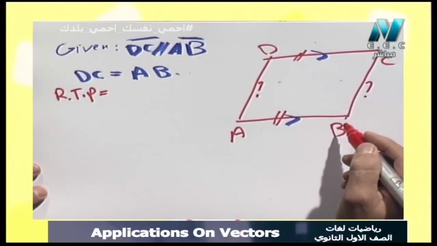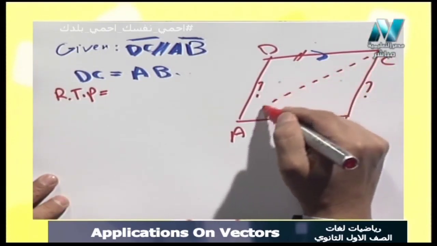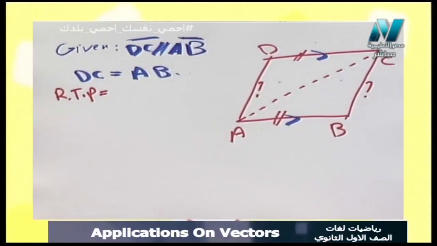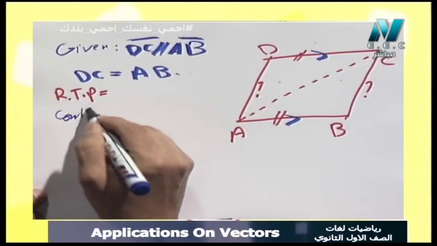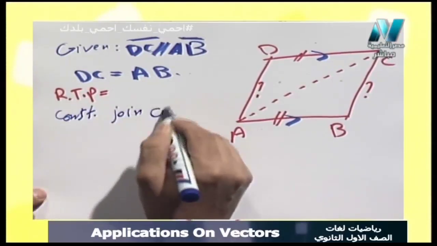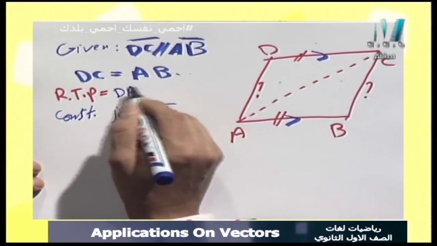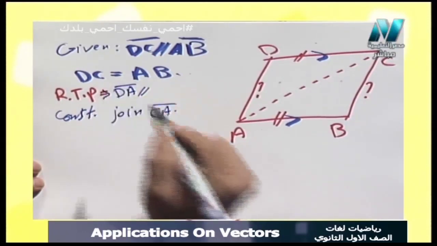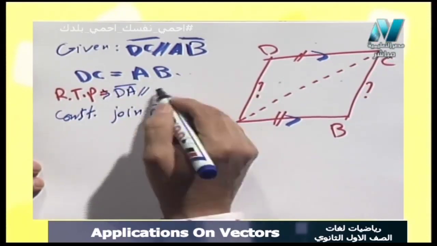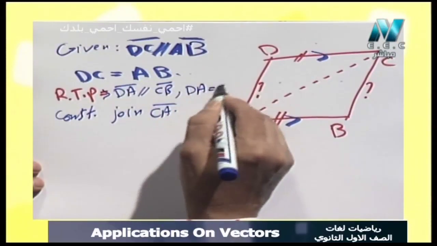Okay, we will make a construction here. We will join CA, and we know that required to prove that DA is parallel to CB and DA equals CB.